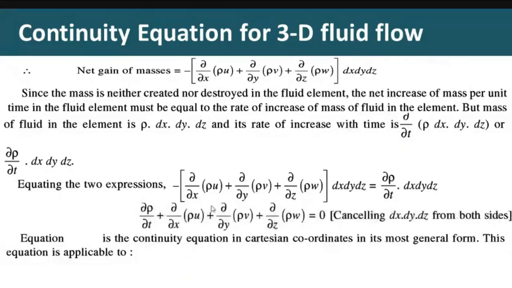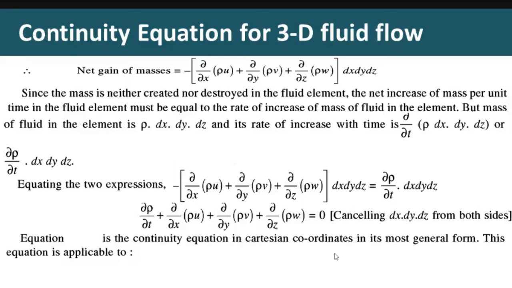So finally you will have ∂rho/∂t plus ∂/∂x of rho u plus ∂/∂y of rho v plus ∂/∂z of rho w equals 0. Now the above equation is called the continuity equation. This is also one form of continuity equation, and here rho is not constant.